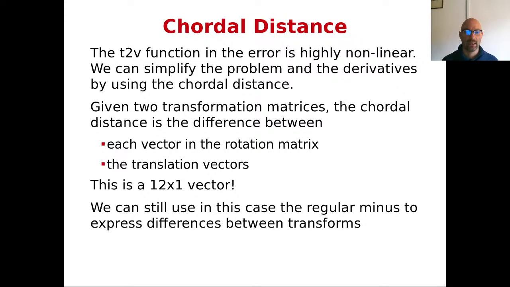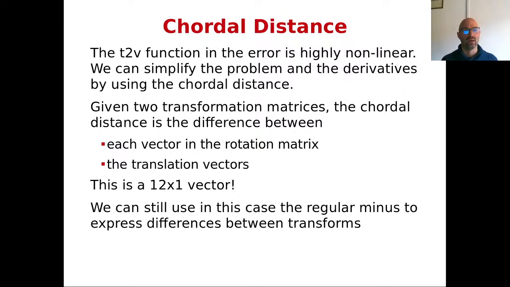Okay. And what happens if 2 transformation matrices are the same and I subtract them, or I subtract these 12 components? Well, I get 0. So I'm consistent with the error metric: if 2 things are the same, then their difference should be 0.